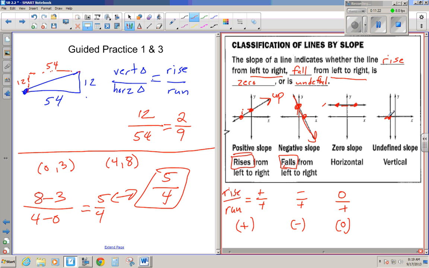But the key is not that it goes up forever. It's that there is no run. So we could say it's a positive rise and a 0 run. And can you divide by 0? No. Therefore, you would say it's undefined. Vertical lines are undefined slopes.